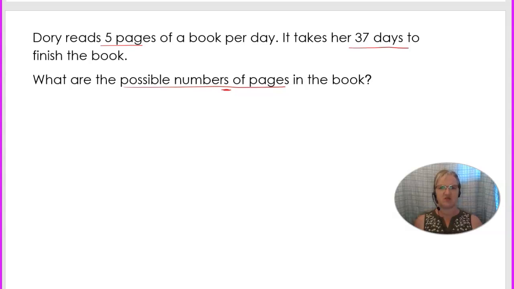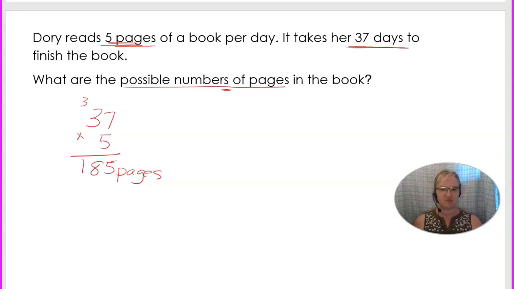So 5 pages of a book per day, that would be the number of things in the group. 37 days is the group. So we know we need to multiply these together. 37 times 5. 5 times 7 is 35. 5 times 3 is 15. Plus 3 is 18. If she reads for 37 days, 5 pages each day, she will have read 185 pages.